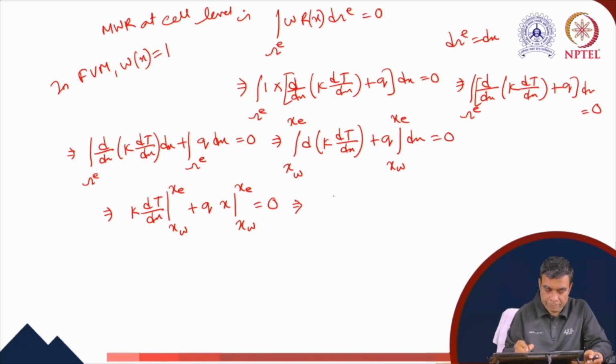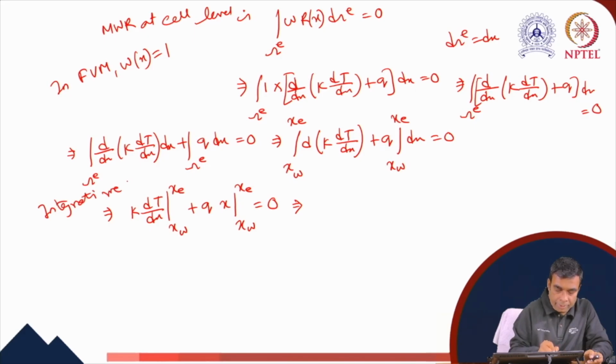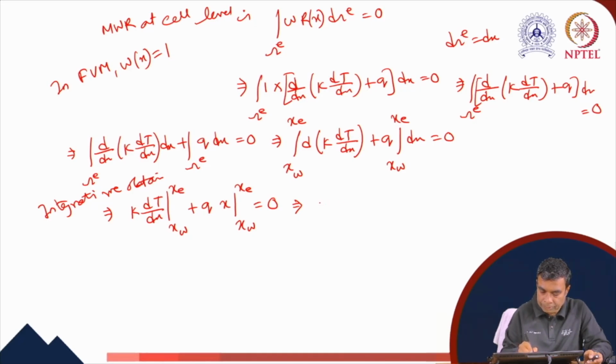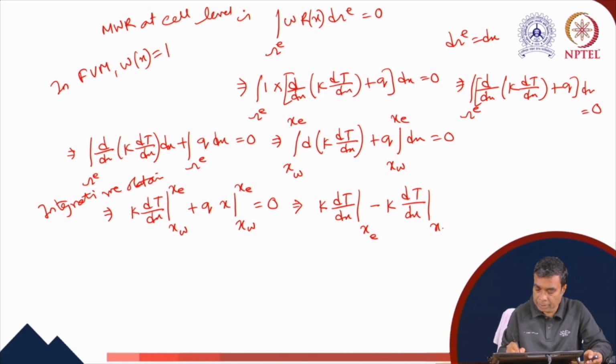This gives us k into dT/dx at xe minus k into dT/dx at xw plus q into (x east minus x west) equals to 0.